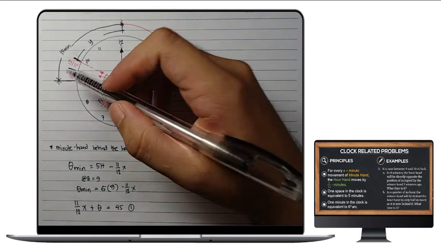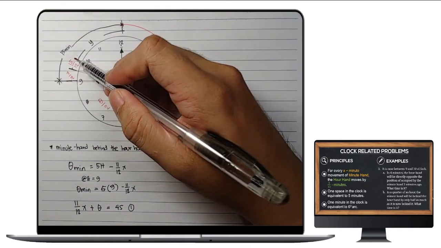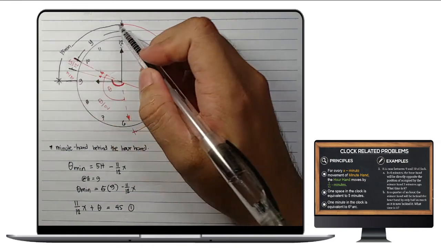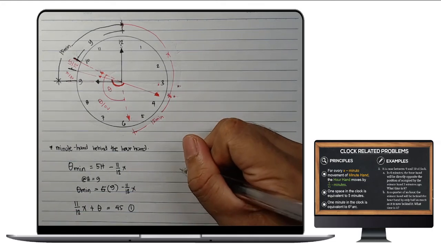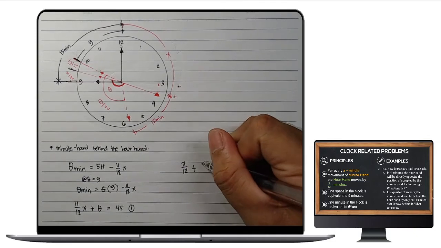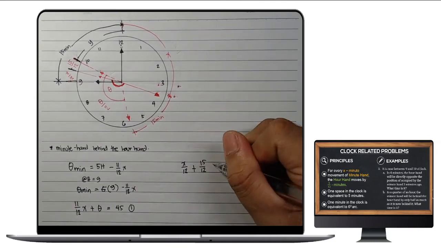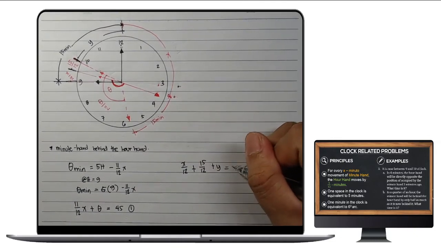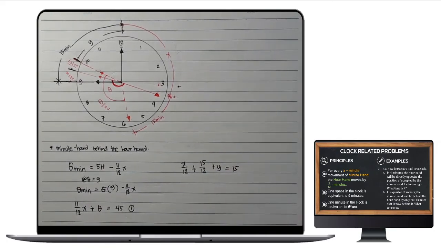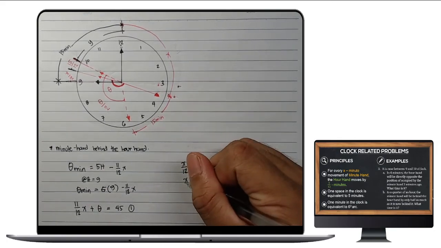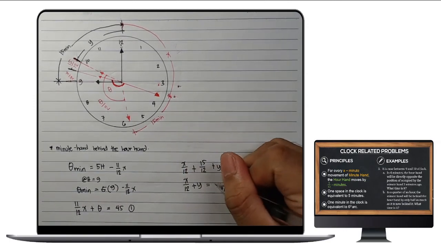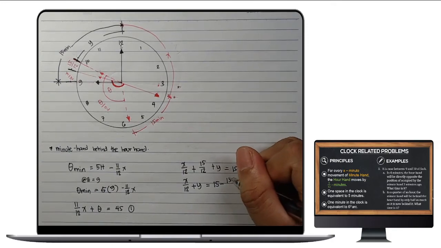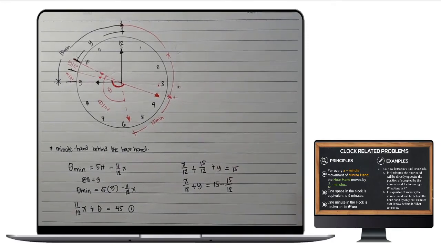So, we can say that x over 12 plus 15 over 12 plus y is equal to 15 minutes. So, let's form it as another equation. x over 12 plus 15 over 12 plus y is equal to 15. Patasin lang natin. That is x over 12 plus y is equal to 15 minus 15 over 12.